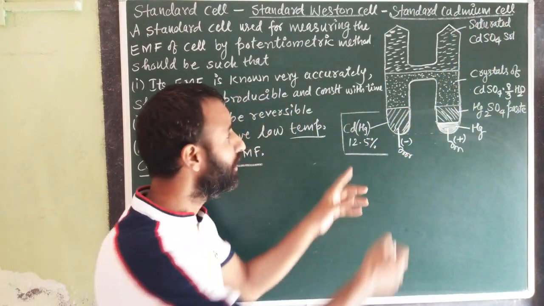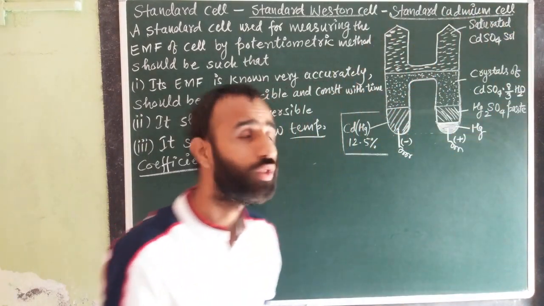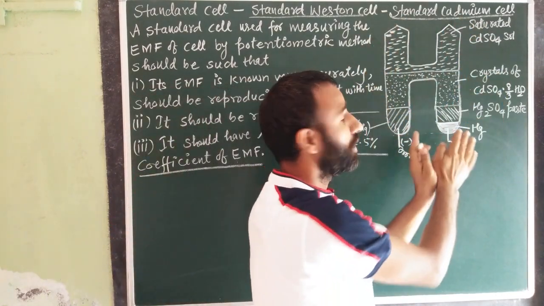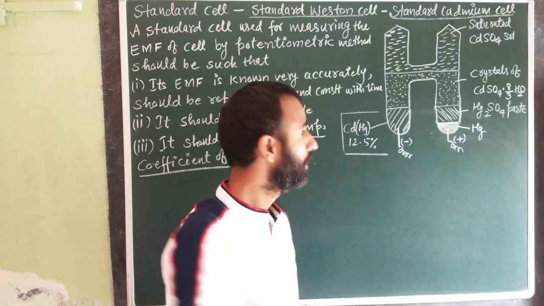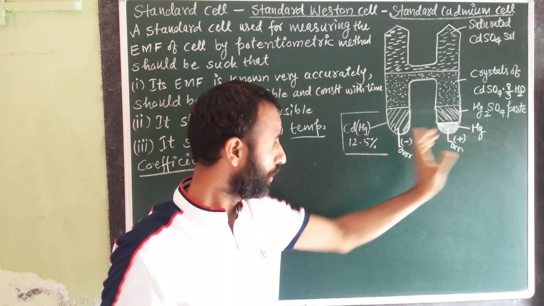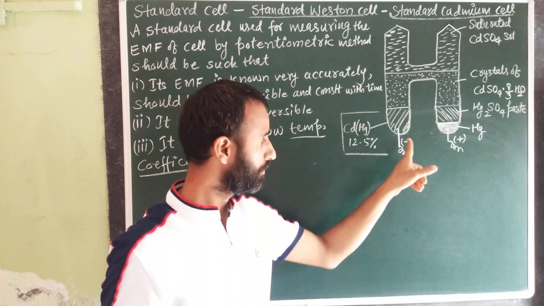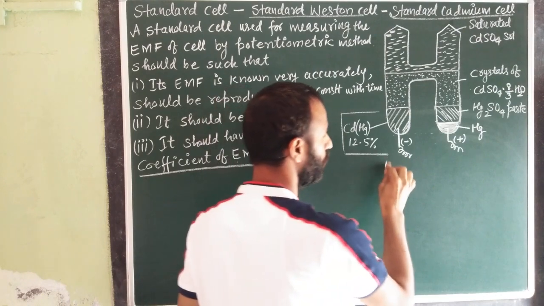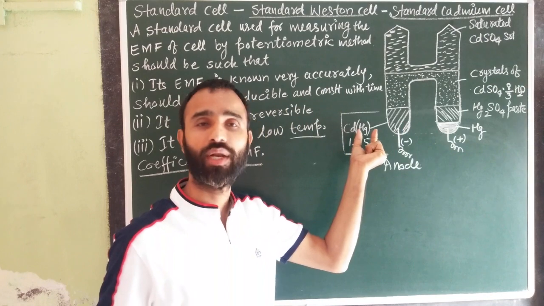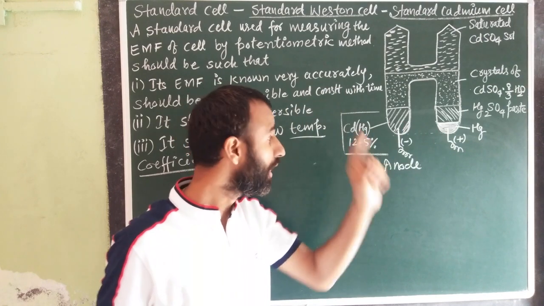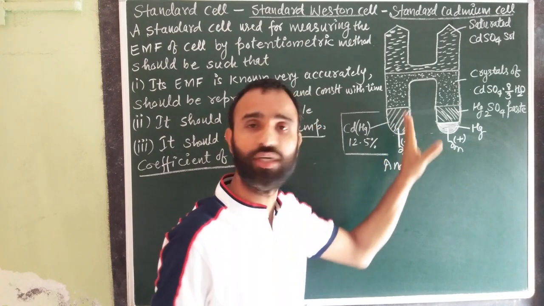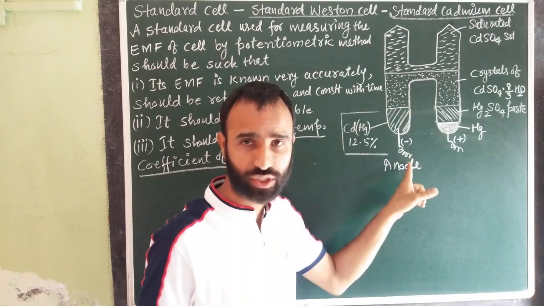Now, this is the picture of the standard Weston cell. It is an H-shaped glass tube. On the left side is the negative electrode, also known as the anode. The anode is made up of an amalgam of cadmium, and a platinum wire is fused into it to make the electrical connection on both sides.